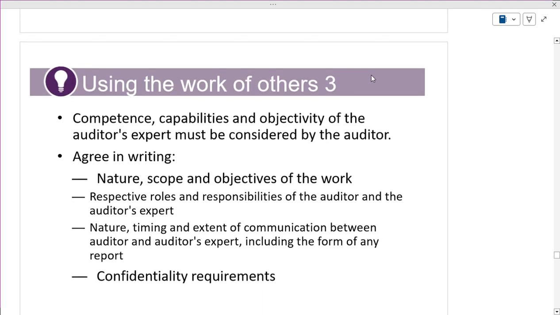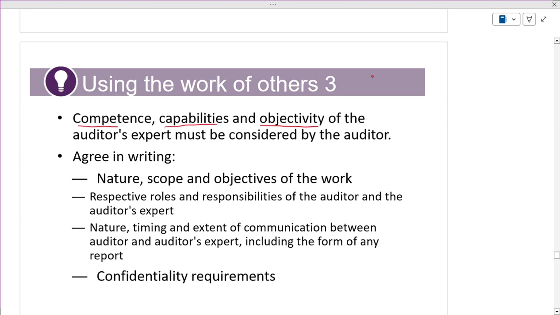When you are hiring the experts, you should see their competence, experience, expertise, qualification, their capabilities and objectivity. For what purpose are we hiring?